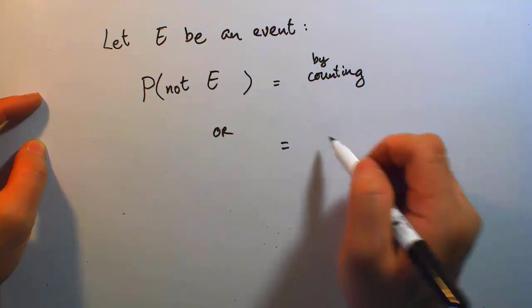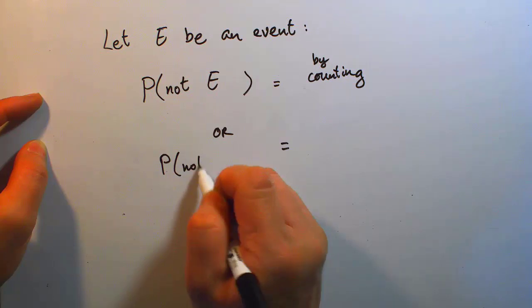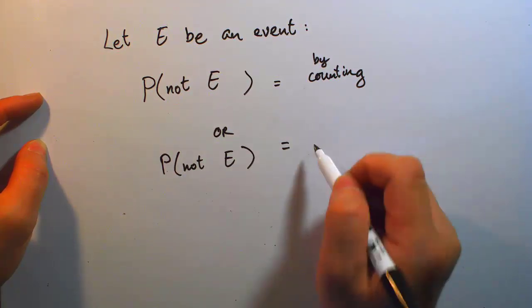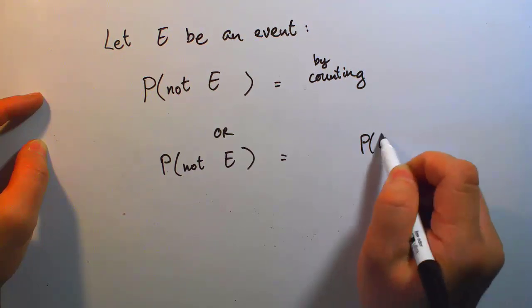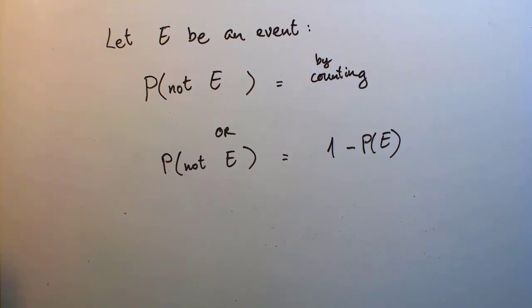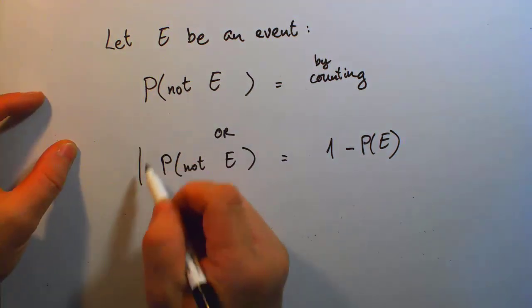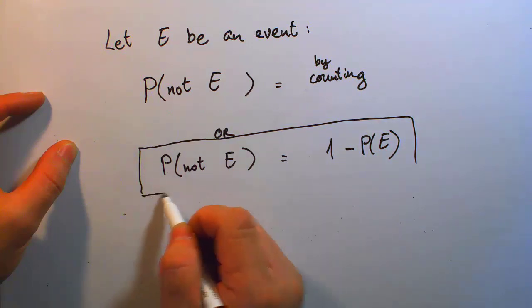Probability of not E equals, first identify the probability of E if it's easier, then subtract that probability from 1. In our class, it doesn't happen too many times where we have to use so many formulas.